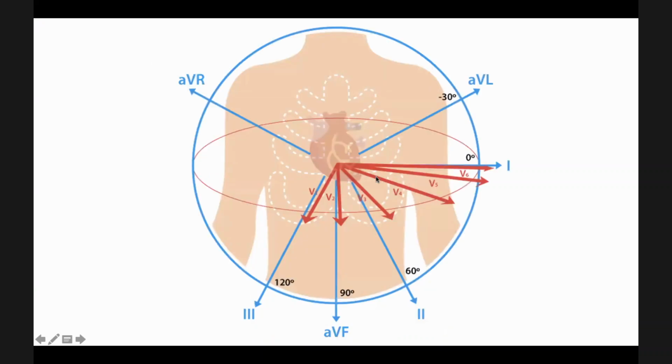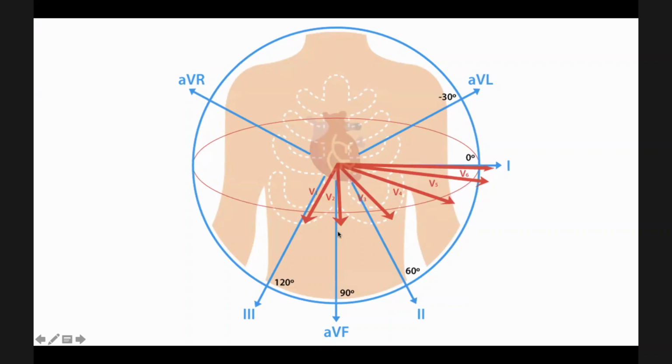This shows where you see your leads. V1 to V6 look at the heart this way. Going from V1 to V6, there is a positive deflection that gradually increases; you can see the arrows getting taller and taller.